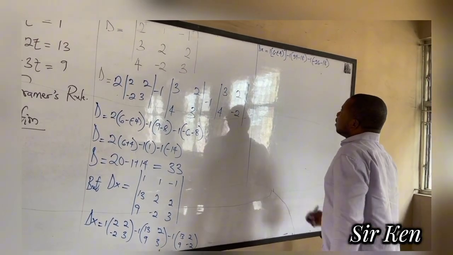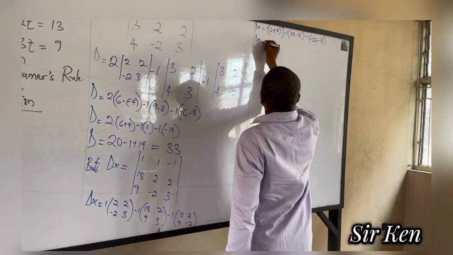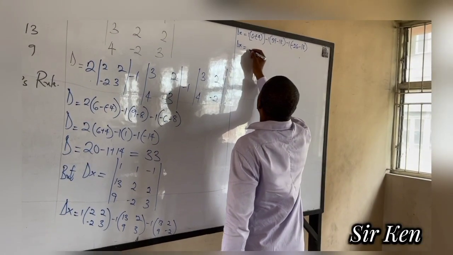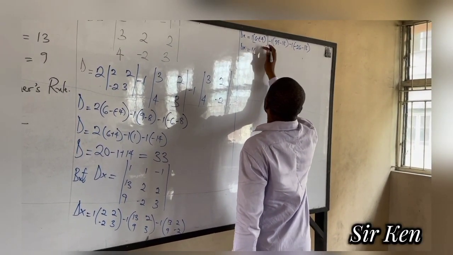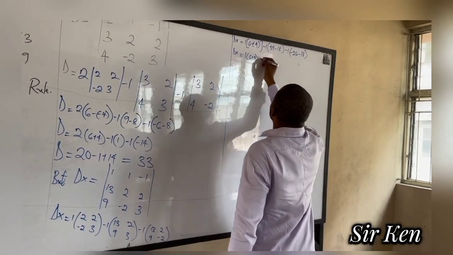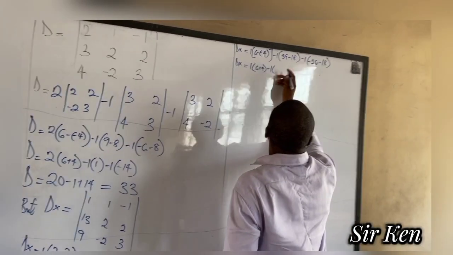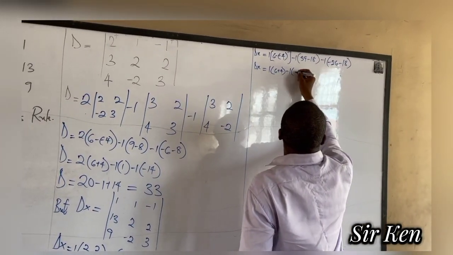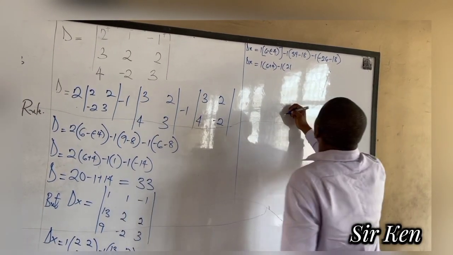Now our dx further becomes 1 into 6 plus 4. Minus 1 into this minus this, it gave me 21.